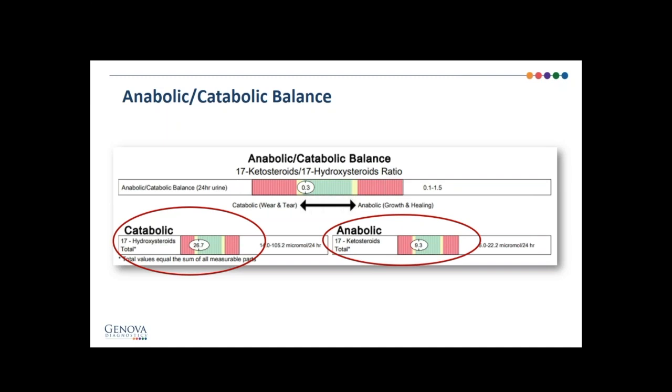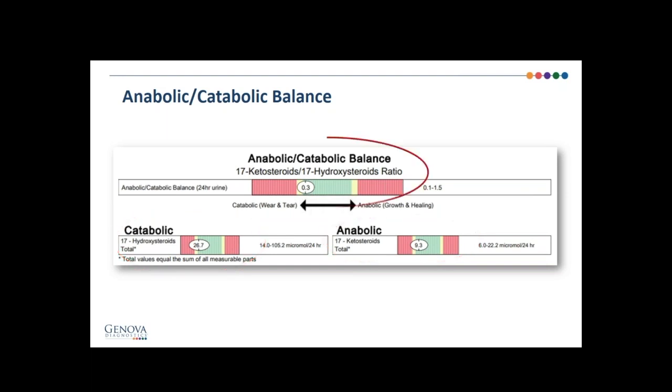We don't want to see it leaning towards the catabolic, which is more about wear and tear. We'd rather see it lean more towards the anabolic 17-keto steroids, the DHEA and its metabolites, because that's about repair. So when we look at the overall balance at 0.3, it's not bad. It's in the green, but certainly balance is what we're looking for in the middle portion of the steroidogenic pathway.